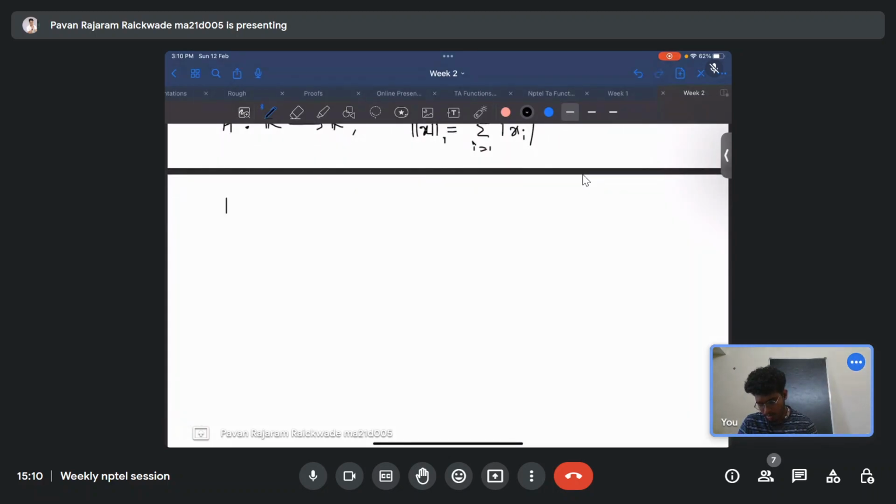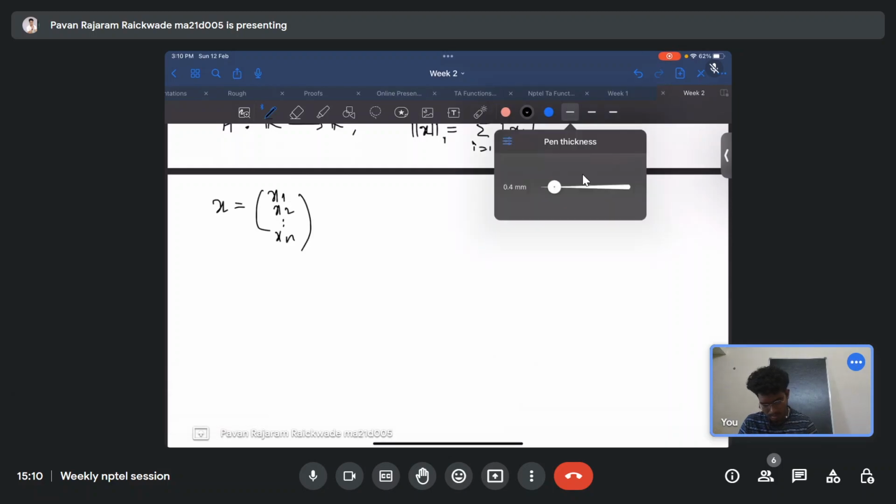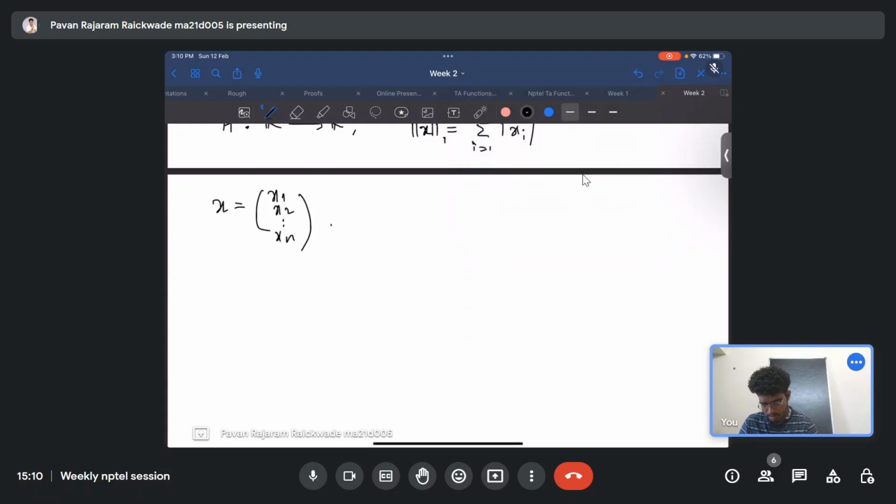First of all, take x as x1, x2, up to xn. For any matrix A, I write the matrix with a1 as the first column, a2 as the second column, and like that there are n columns.